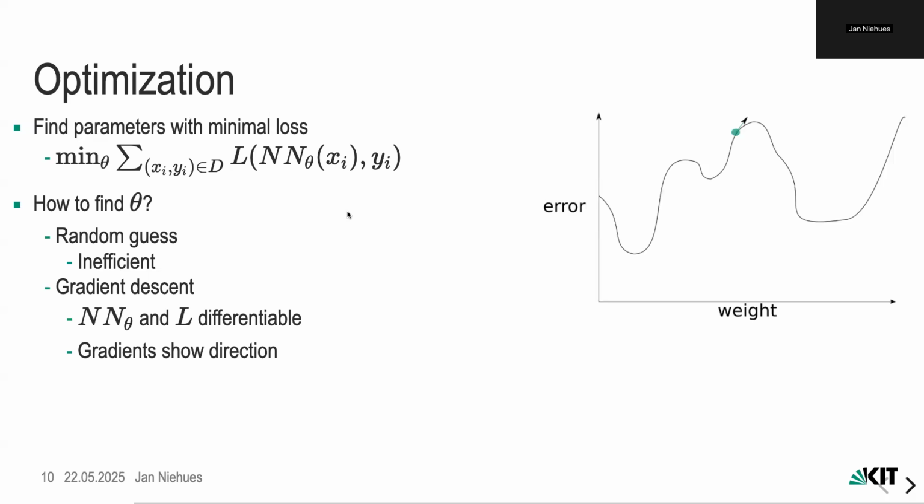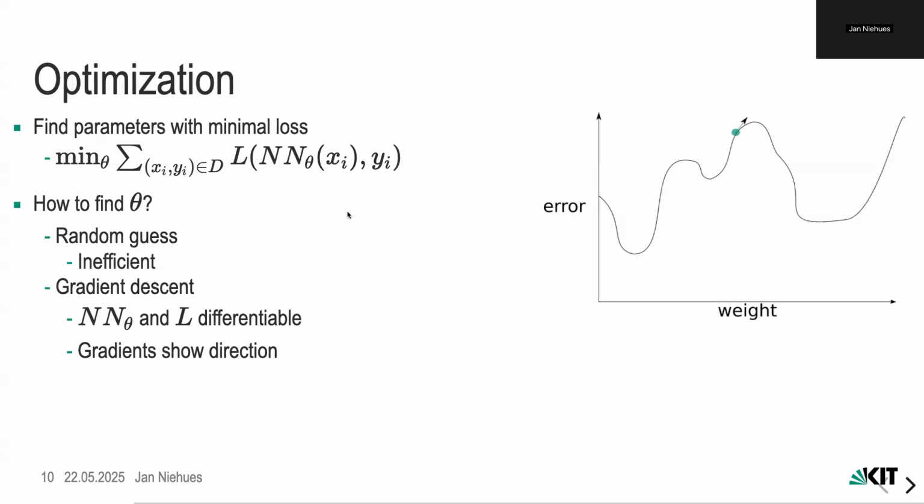So what is essential in deep learning and neural networks is this idea of gradient descent. We're not just randomly checking things out, but both the loss function and our network are differentiable, so we don't have to randomly guess, but we can go along the gradients and try to find a local optimum. This is shown here for the 1D case. Just imagine you only have one weight, and you draw the weight on the horizontal axis and the error on the vertical axis.